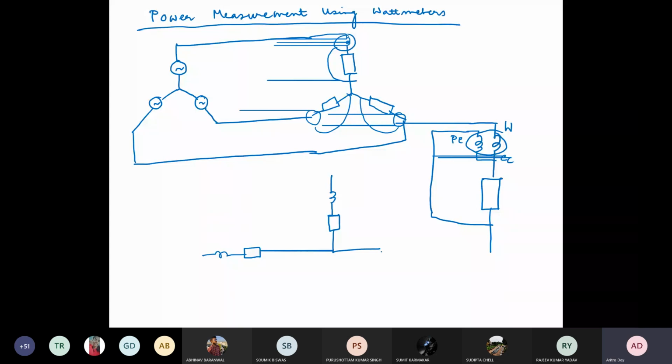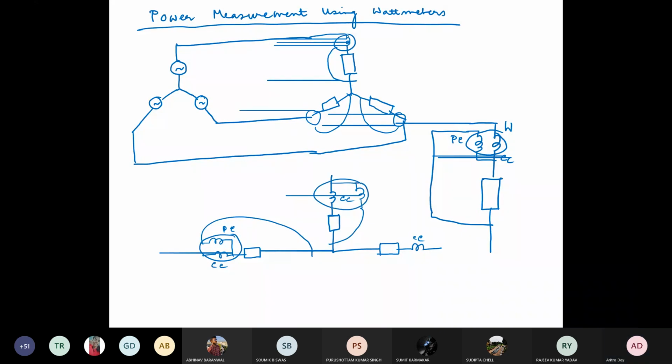So these are the CC, CC, CC. Here is a PC which you connect like this. So this is 1 wattmeter. This is your PC which is connected like this. This is another wattmeter. Wattmeter 1, wattmeter 2. This is PC. PC should be connected like this, not across the load. So this is another wattmeter, wattmeter 3.